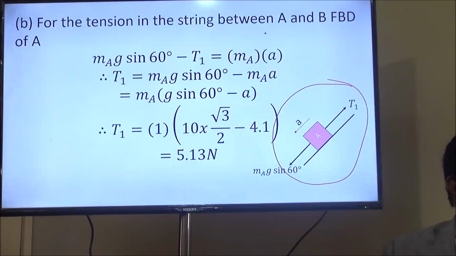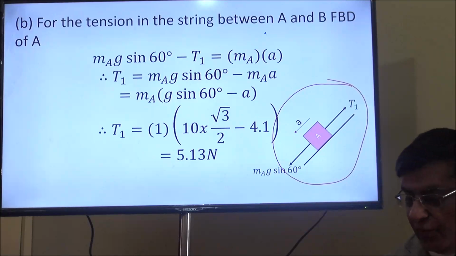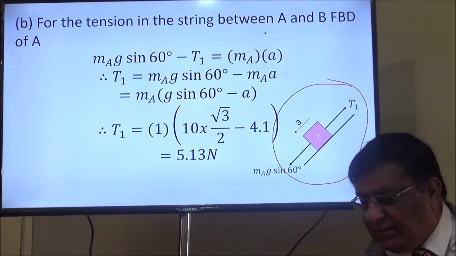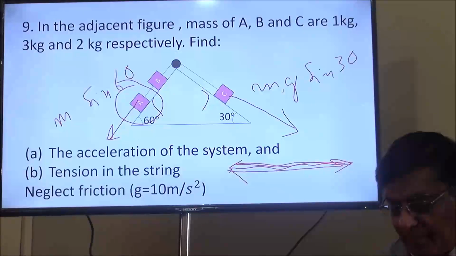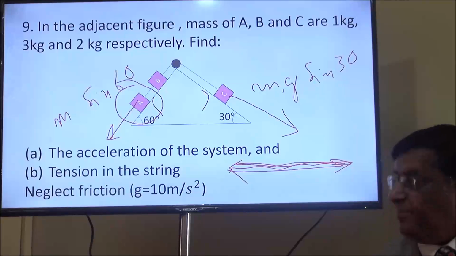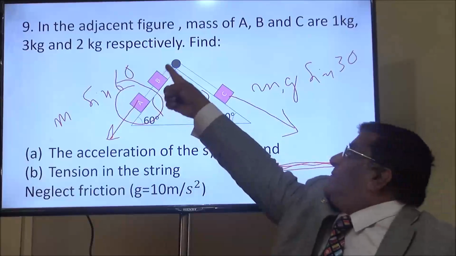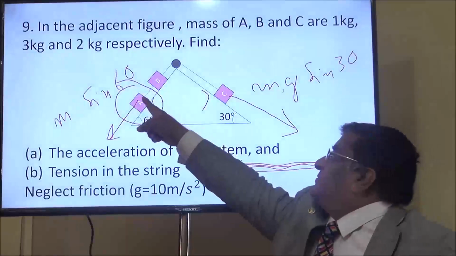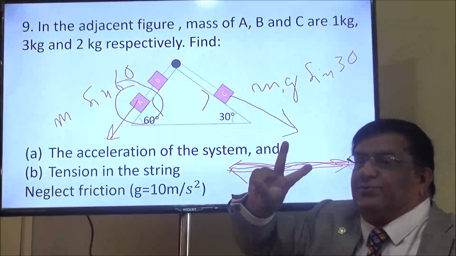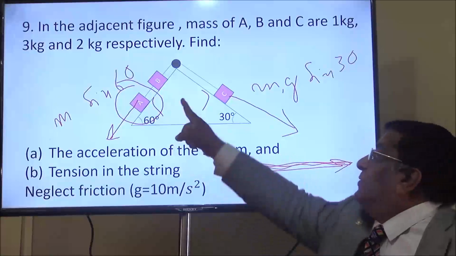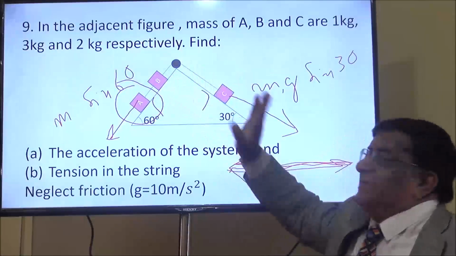Is it clear? Done? Now we go for tension in the string between B and C. Here, B and C, this string. This is the tension we have just calculated. This is the second string. There are two strings in it. One is this, one is this. No other string.